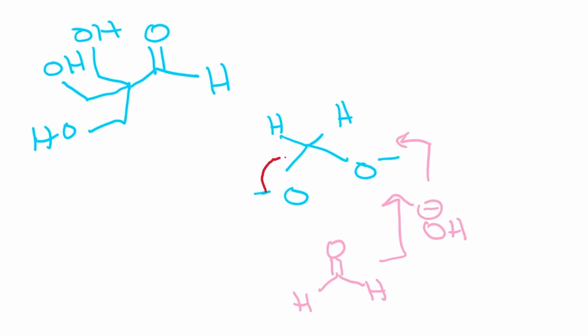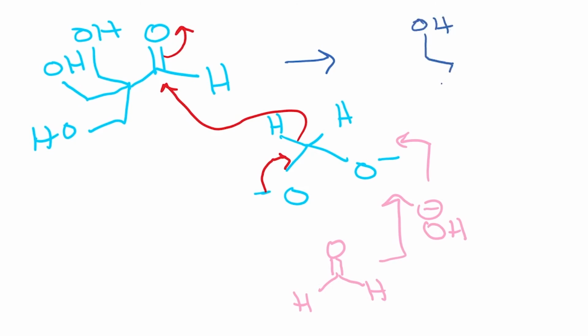So what happens is this goes here, and this hydride goes over here, and this aldehyde opens up. And so the product that you get is OH, OH, OH, CH2OH, CH2OH, and this hydride is now forming a bond with this carbonyl.